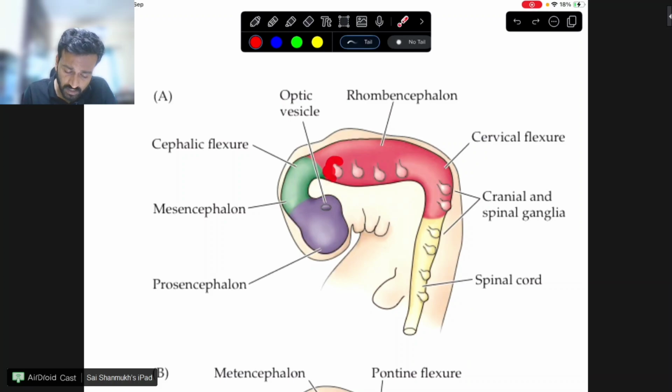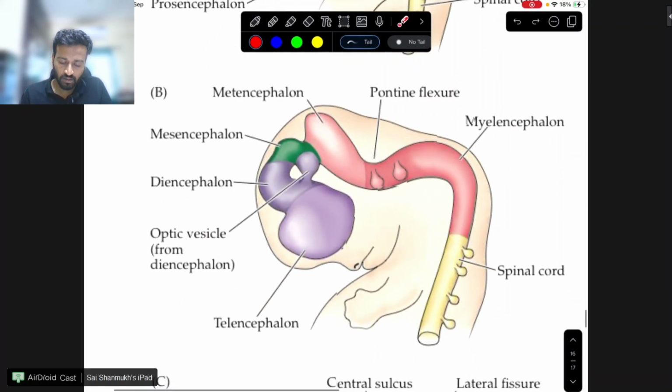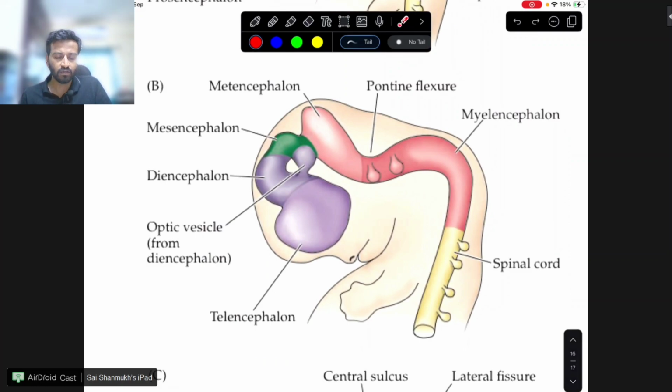Okay, and these balloon-like structures that you can see here are the cranial and the spinal ganglia. In neural development, these adrenergic and cholinergic neurons are developed because of the neural crest cells.